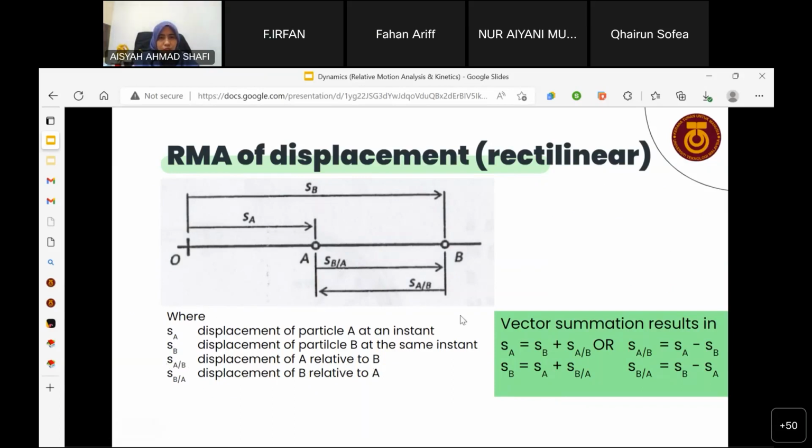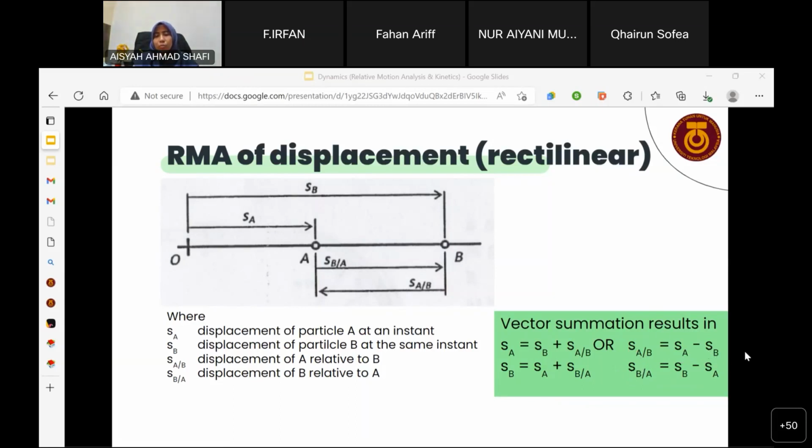So that means relating the displacement of A relative to B. The equation is: displacement of A relative to B is S_A minus S_B.